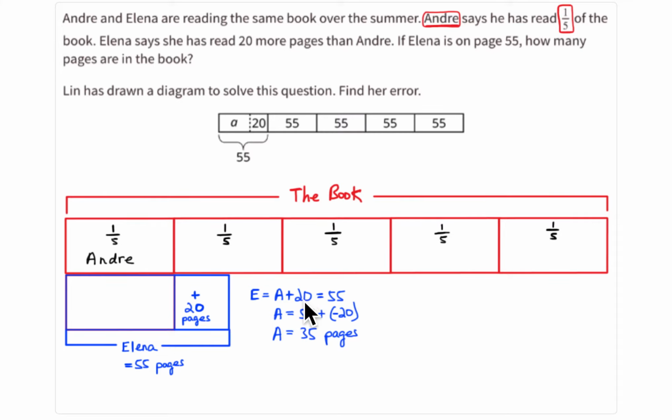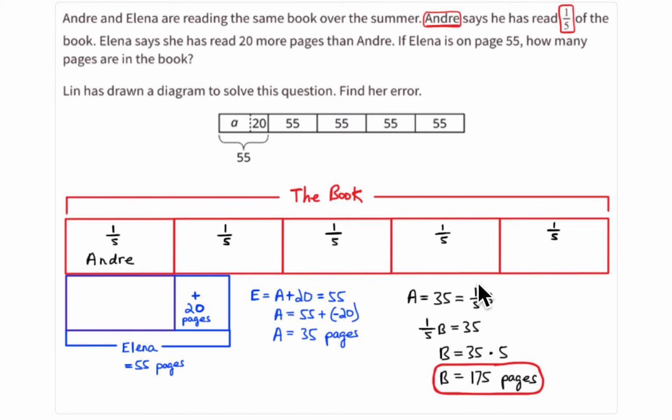And then subtract this 20 pages from Andre plus 20 pages. That gets you to what Andre read. He read 55 pages minus 20, or plus a negative 20 pages. So Andre read 35 pages, and that's 1/5 of the book.